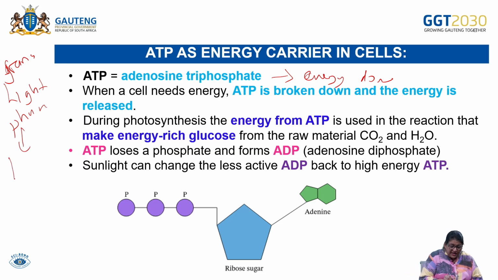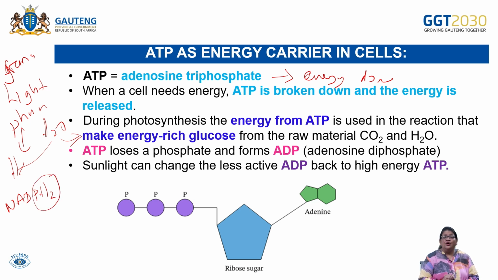Then what happens to the H that comes from water? Oxygen will be released as O2. And this H is going to be accepted by something called a hydrogen acceptor. It's NADP, nicotinamide adenine dinucleotide phosphate. This one accepts the hydrogen. And this hydrogen will be used in the dark phase.